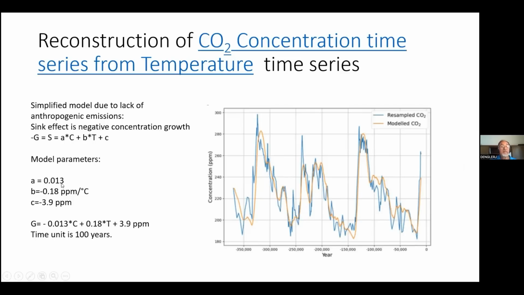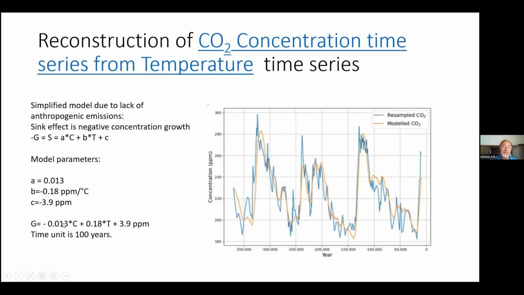And the model parameters are now different. Yeah, we have a sink effect proportional to carbon concentration of 1.3%, not per year, but per 100 years. Yeah, and we need to speculate, what does this mean?